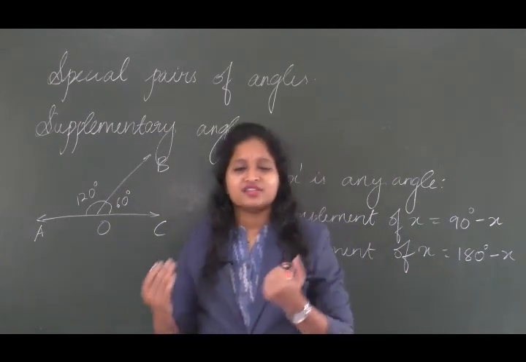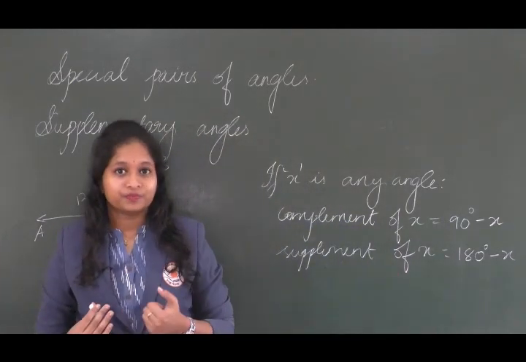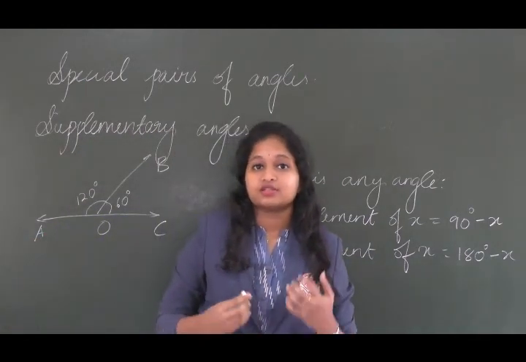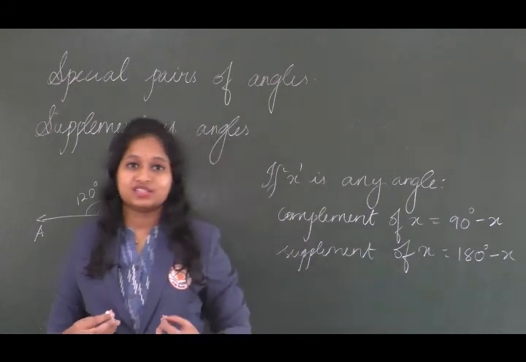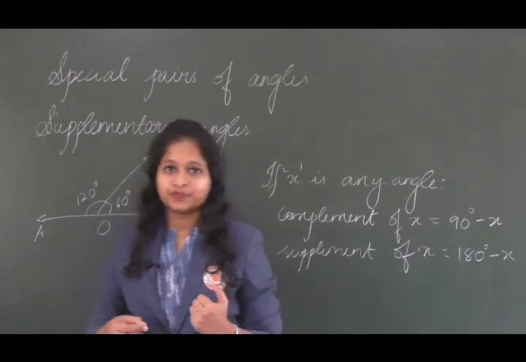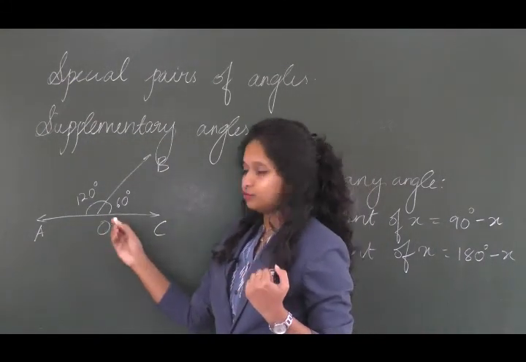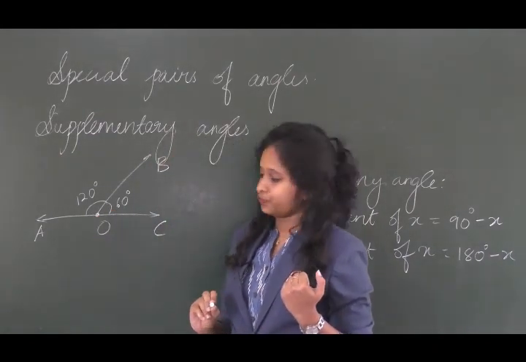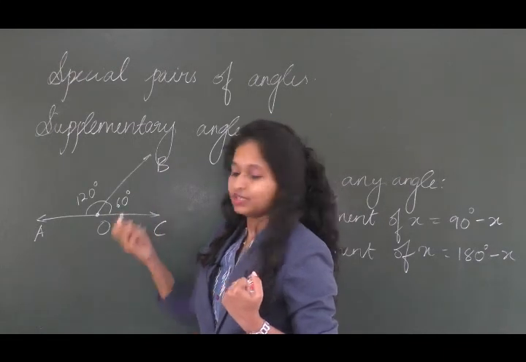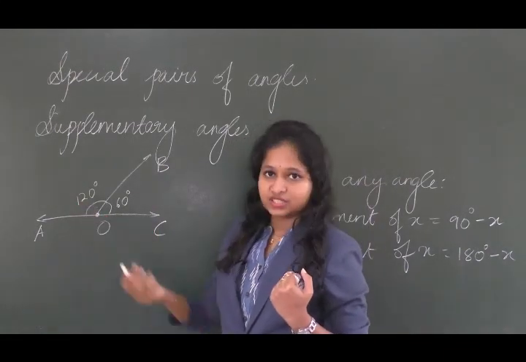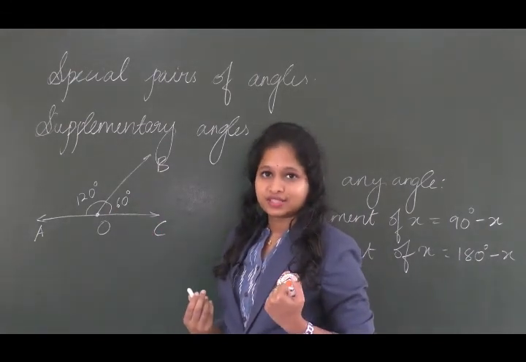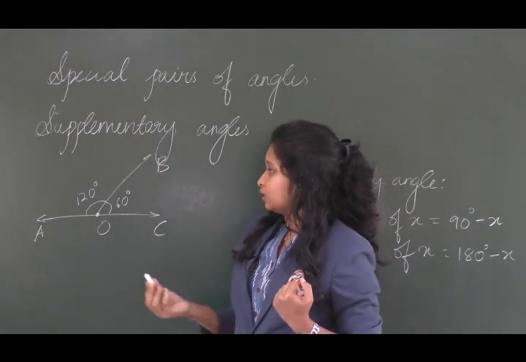Two angles are said to be supplementary when the sum of the two angles is equal to 180 degree. Okay. So here we have two angles formed. Angle AOB is equal to 120 degree and angle BOC is equal to 60 degree. Now what is the sum?